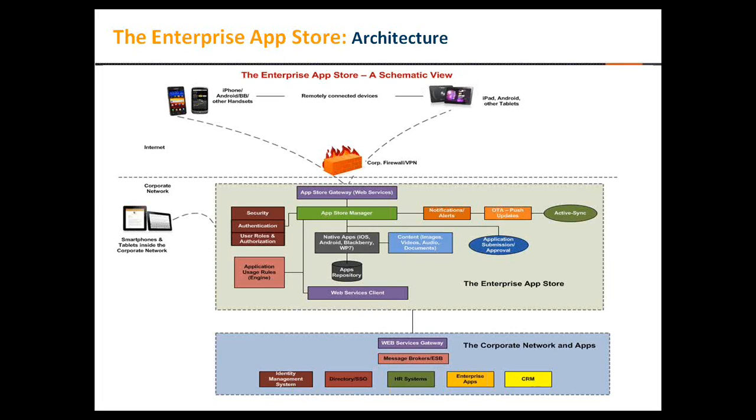So there could be a web services gateway through which you can go to different message brokers and talk to different systems like identity management systems, directory systems, human resources, enterprise applications, or CRM. So if a mobile application requires access to these services to determine something, you can always connect to your backend to get all of this information.